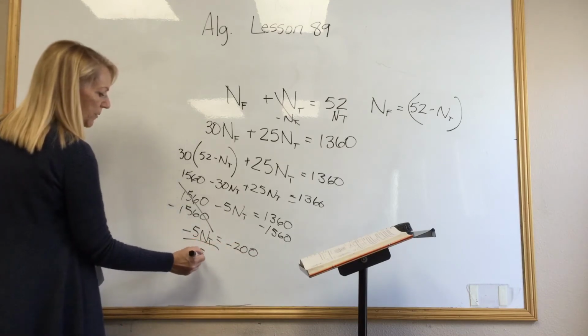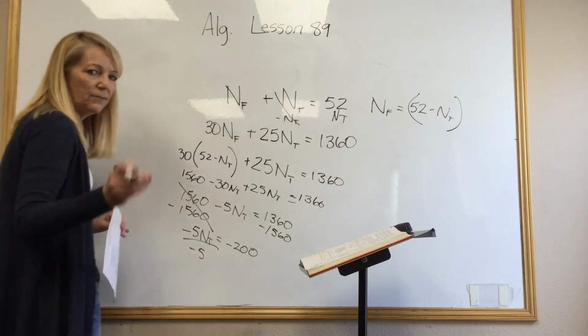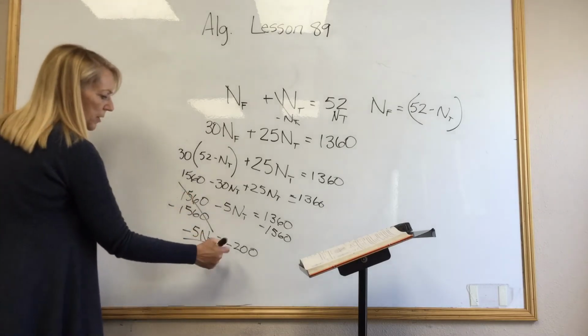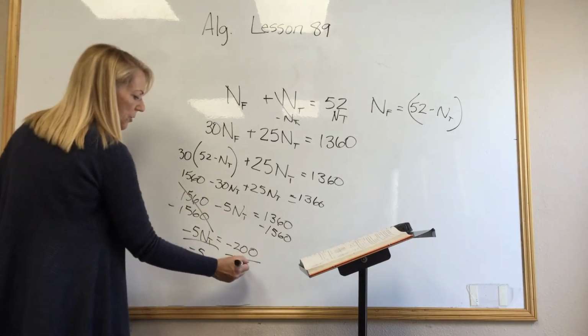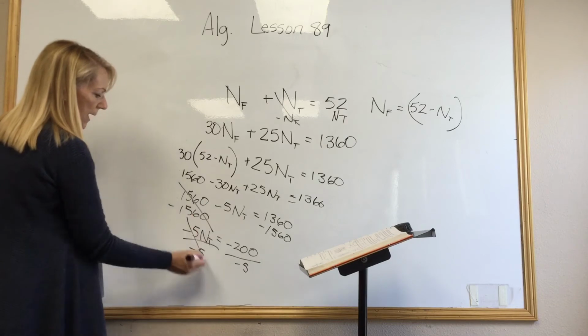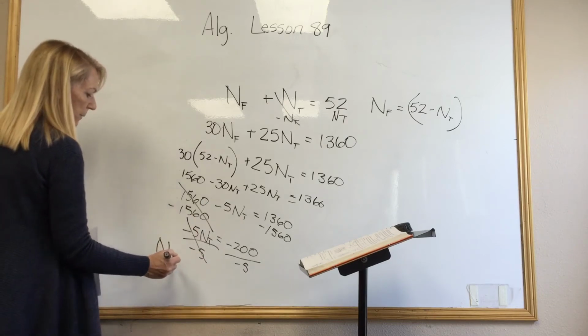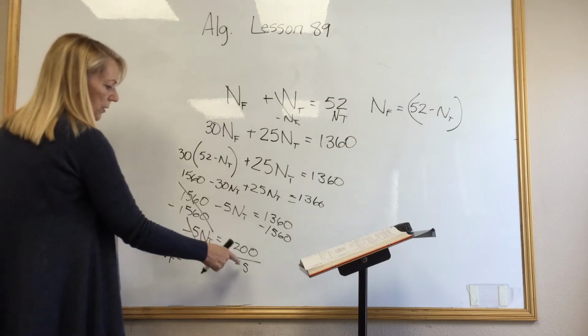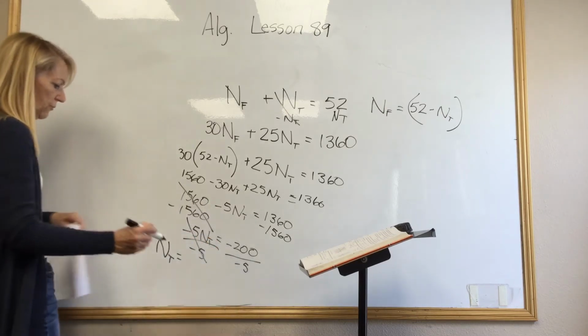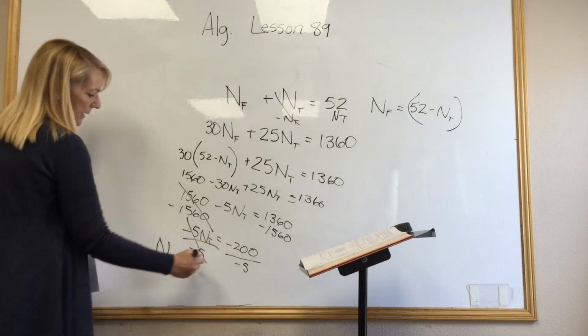Divide by negative 5. But don't worry with the negative. You're not going to have a negative number of passengers ever. But you have a negative here divided by a negative, so you're going to end up with a positive. So that eliminates the negative 5, and the number of tourist passengers is 200 divided by 5, which is 40. Negative divided by negative is a positive.